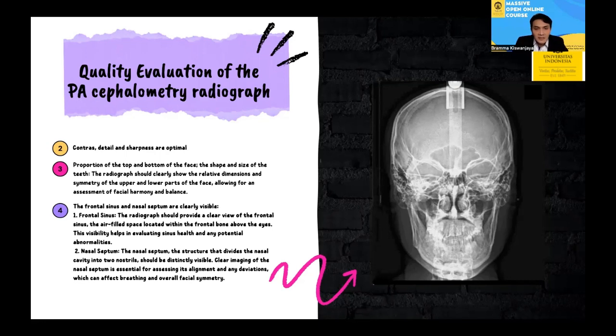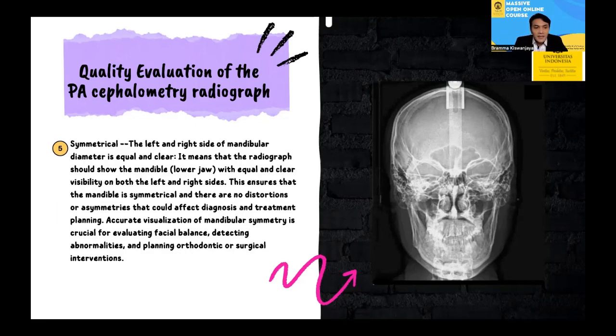The nasal septum, the structure that divides the nasal cavity into two nostrils, should be distinctly visible. Clear imaging of the nasal septum is essential for assessing its alignment and any deviations, which can affect breathing and overall facial asymmetry.